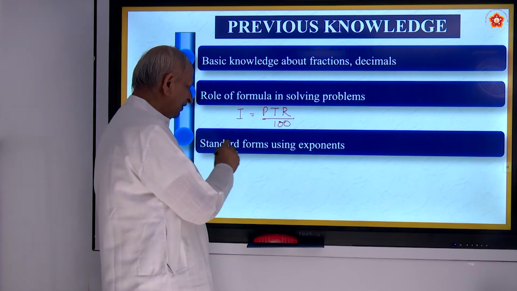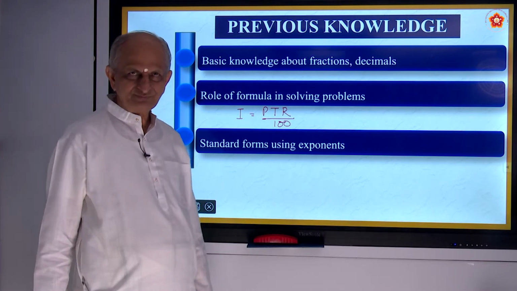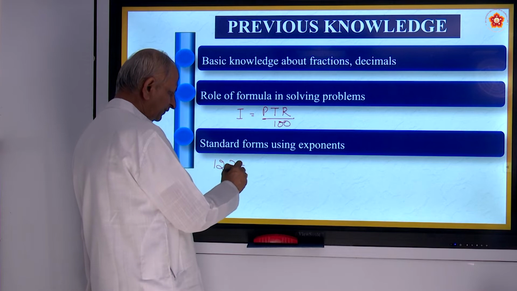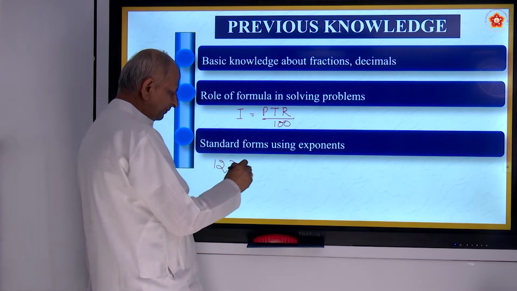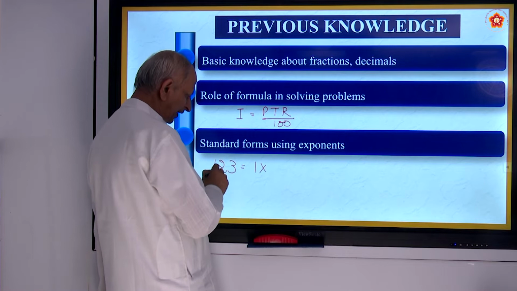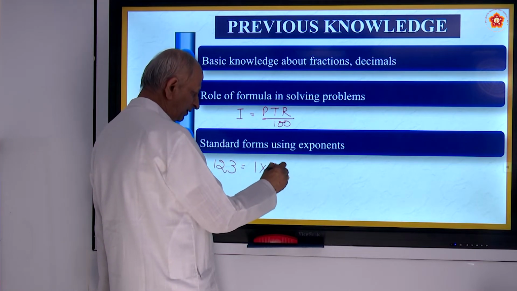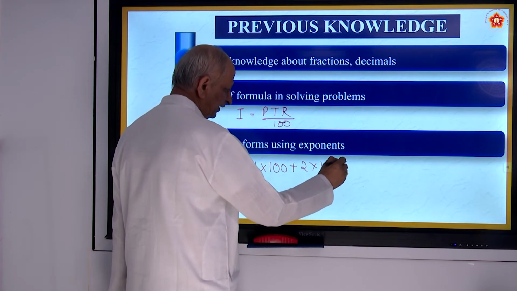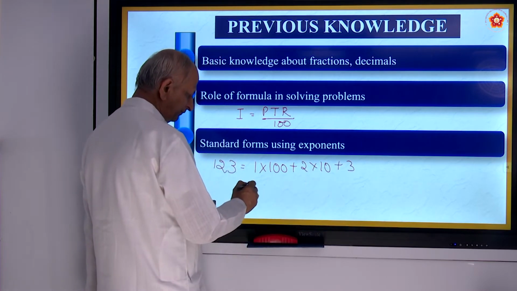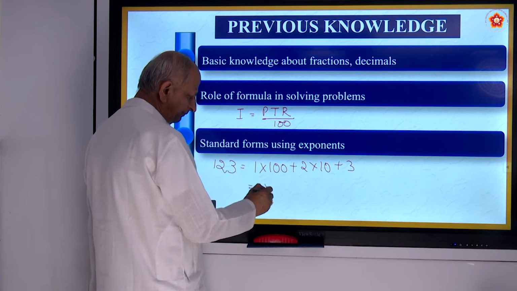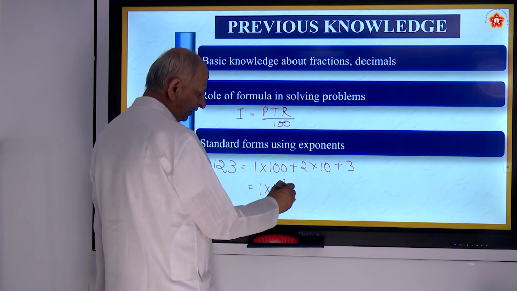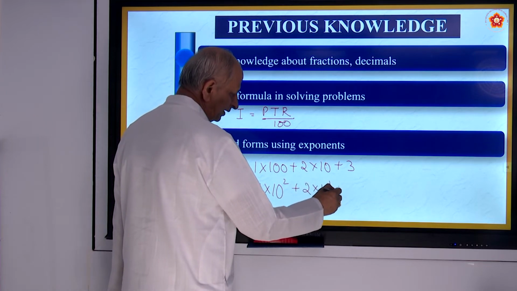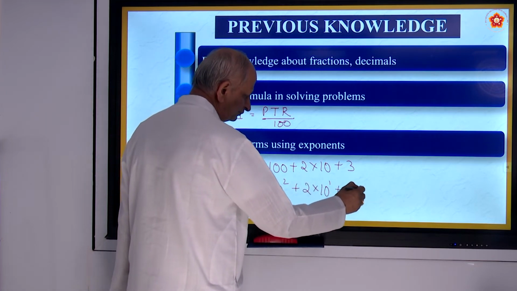And there will be standard forms also. Suppose you have a number like 123, you can write it in terms of exponents. This is hundreds place, 1 into 100 plus 2 into 10 plus 3, that is what is called place values. So, when you write in exponent form, 1 into 10 square, 2 into 10 to the power of 1 and 3 into 10 to the power of 0.